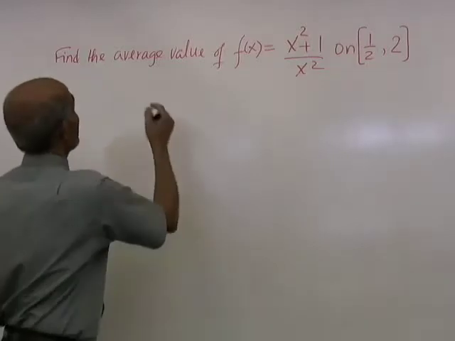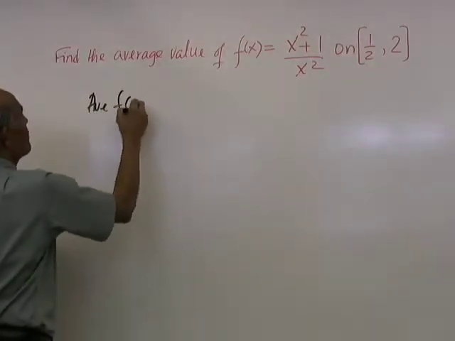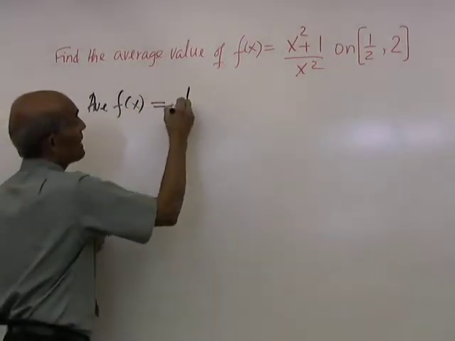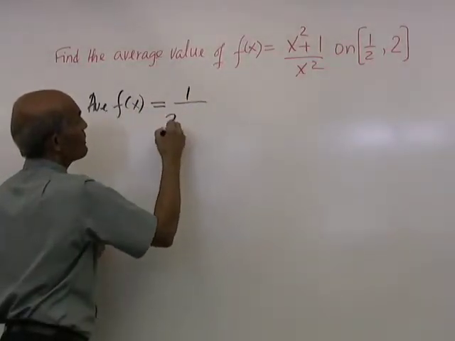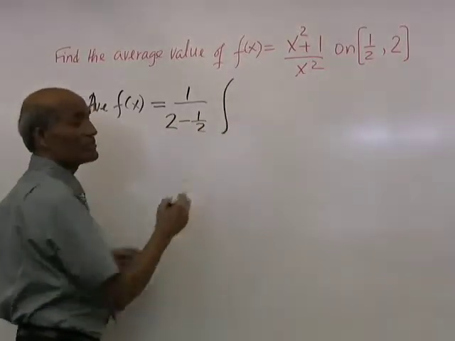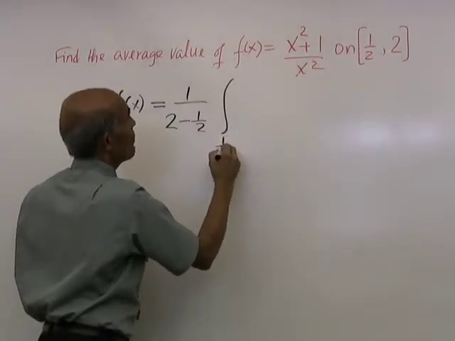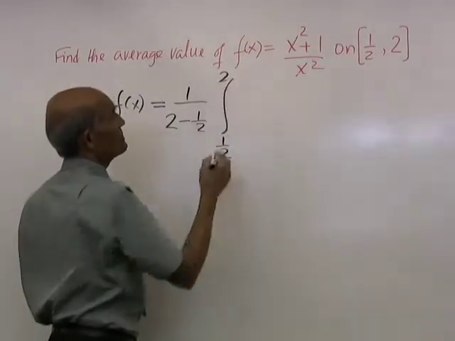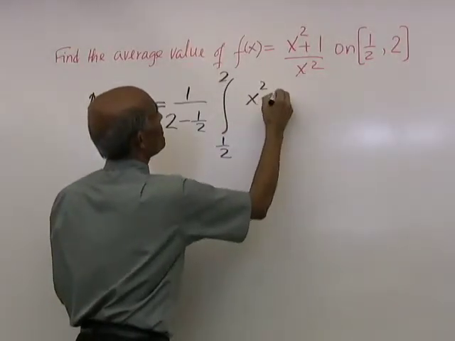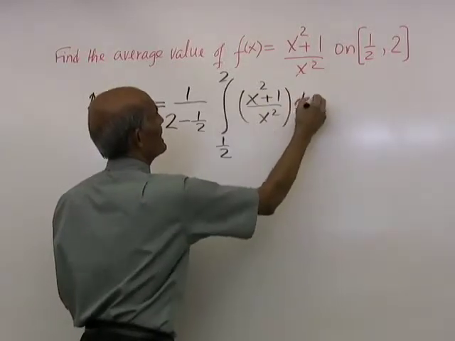So, let's do that. We say average f of x equal to 1 over b minus a, 2 minus 1/2, integral a to b, 1/2 to 2, f of x dx, x squared plus 1 over x squared dx.